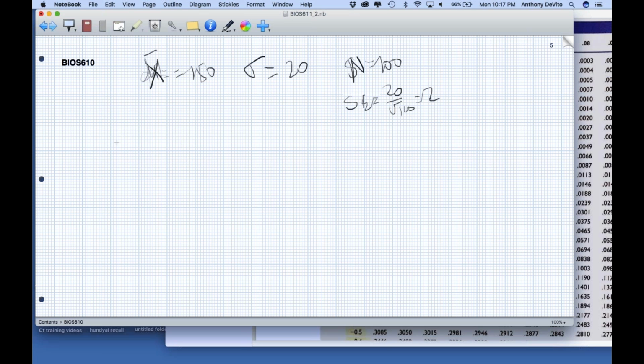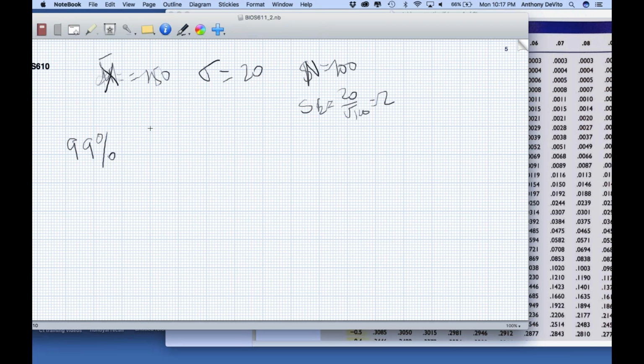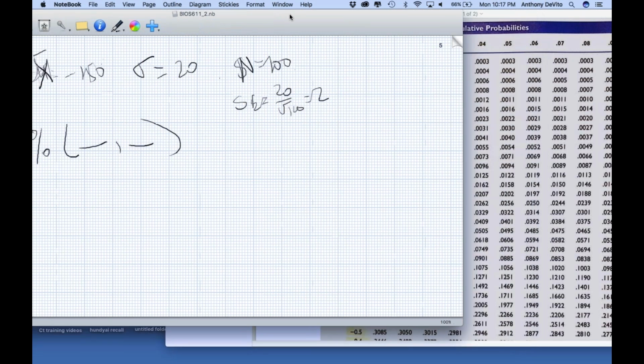Well, this time I want to be 99% certain that I capture the true mean between the upper limit and the lower limit of my confidence interval. I want to make 99% sure that I don't miss the mean being between these two values.